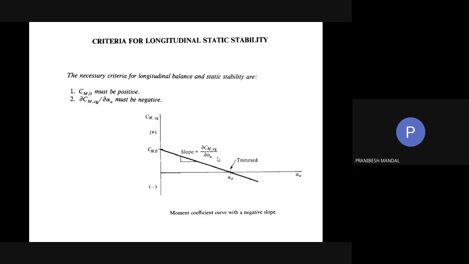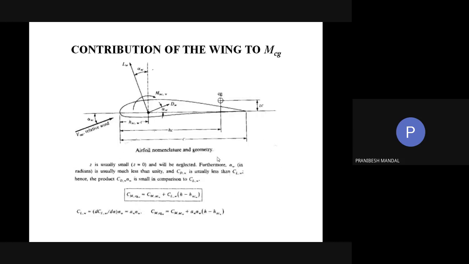So what we have made is that CL is slope into alpha, and the slope we have termed as AW. W means wing, so the slope is A. So CL is replaced by A into alpha. See if there is any problem or not.